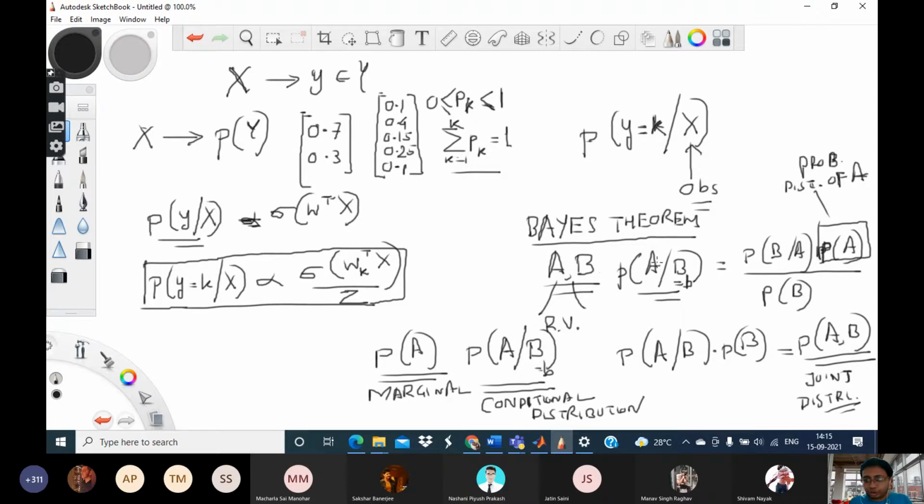It is saying probability of A given B times probability of B is equal to probability of B given A times probability of A, and both of them are equal to the joint distribution of A and B. The same joint distribution you can write in this way, or in this way.